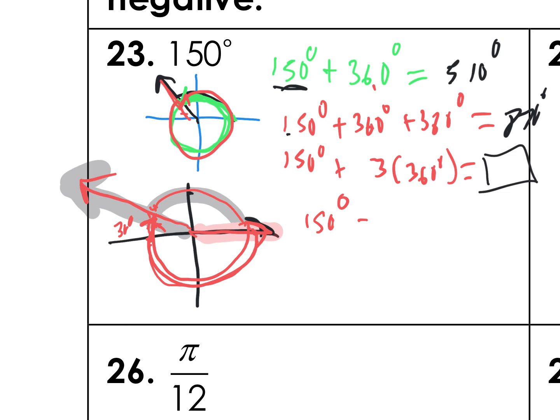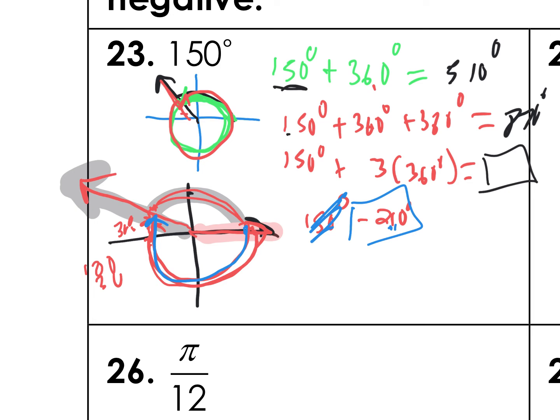It's 180 plus 30, 180 plus 210. 150 is where I was. And so I need to go in the negative direction to get to the same place. And that'd be a negative 210 degree angle.